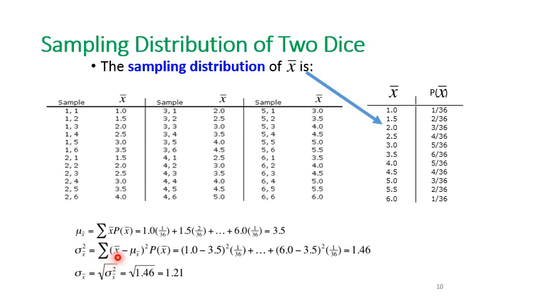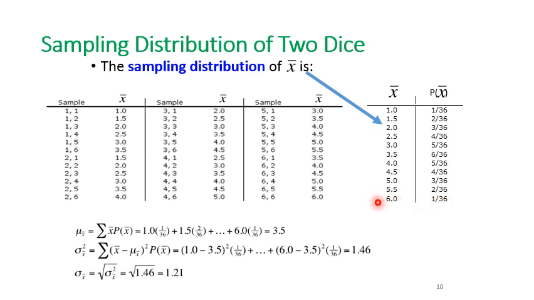Regarding the variance of x bar, it can be found by using the rule of summation of x bar minus mu of x bar all square times the probability of x bar. So I will start with the first value of x bar. This is 1 minus the mean of x bar, this value 3.5, all square times the corresponding probability 1 over 36, plus 1.5, the second value for x bar, minus the mean of x bar 3.5 all square times the corresponding probability 2 over 36, plus 2 minus 3.5 all square times 3 over 36, the corresponding probability, and so on up to the last value in the table.